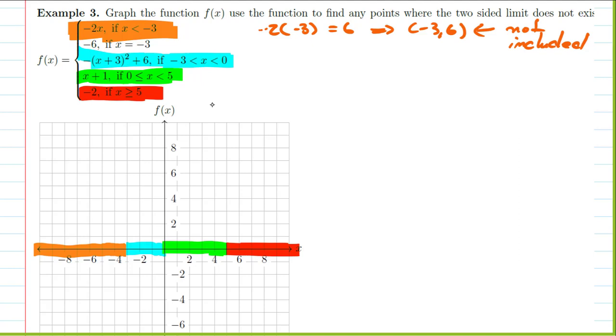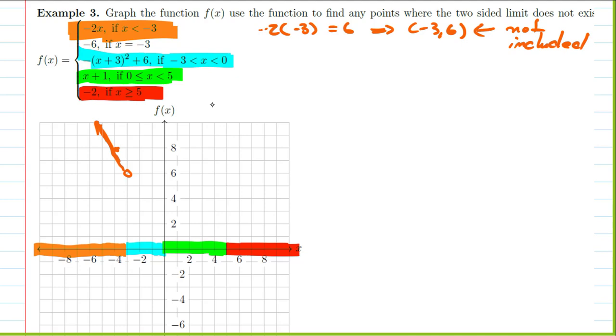What would I put on my graph? An open circle, right? So here I'm going to get an open circle, and I know the slope of my line is negative 2, so I go left 1 and up 2 to get another point, and that gives me my linear chunk there for that line segment.